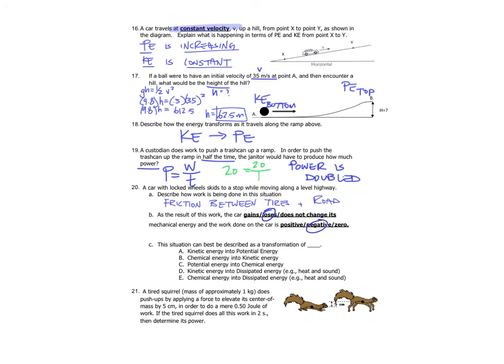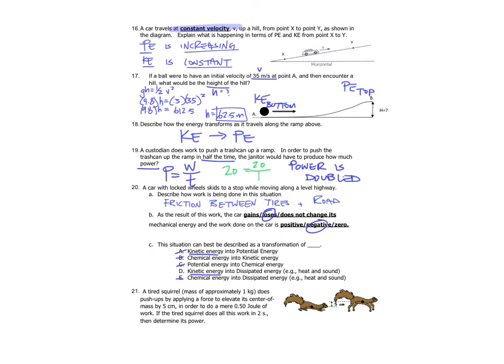Situation can be best described as a transformation of what type of energy? Well, it was once moving, so it has to be kinetic, meaning A or C, or D, so it can't be B, can't be C, can't be E. Kinetic into potential, well, that would imply that it's gaining height, and our situation says it's on a level highway, so it's not potential energy.